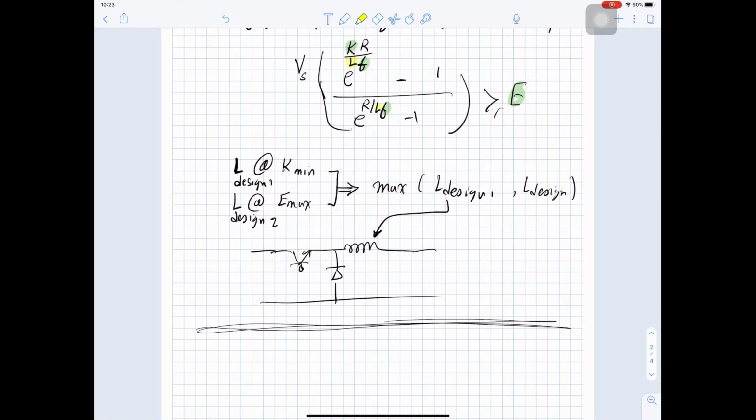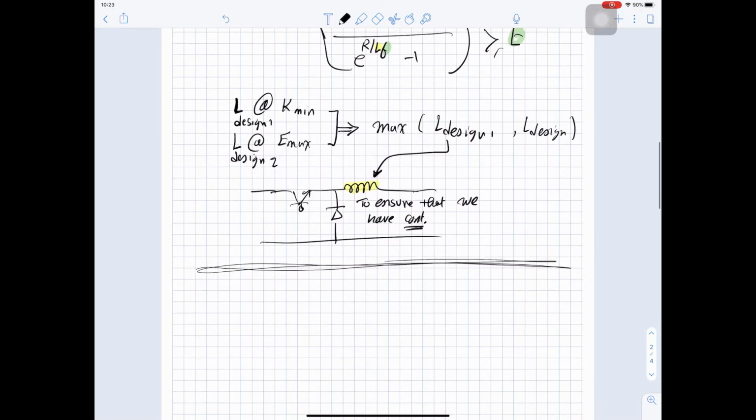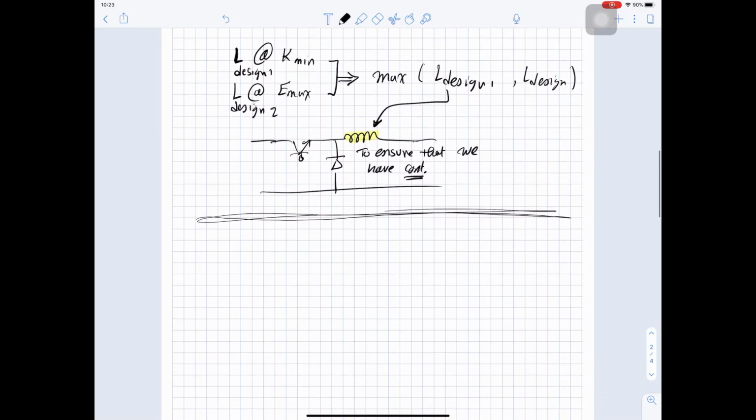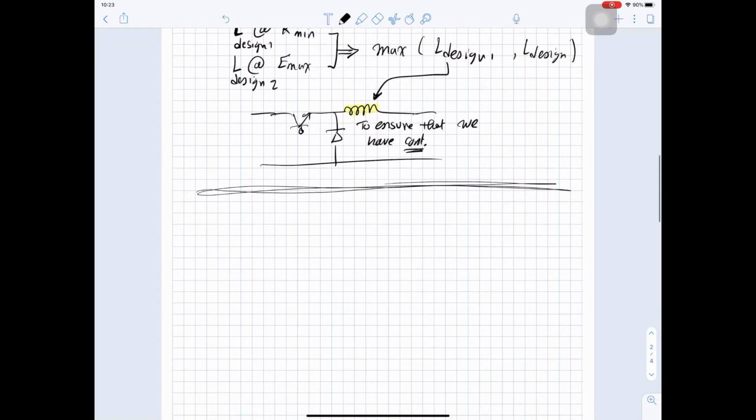You insert an inductance here, and this inductance is inserted to ensure that we have continuous operation, or continuity. And this will be the design of the buck converter.